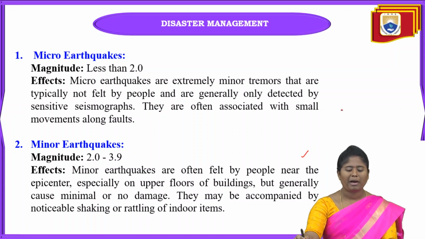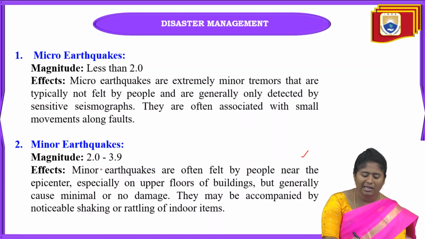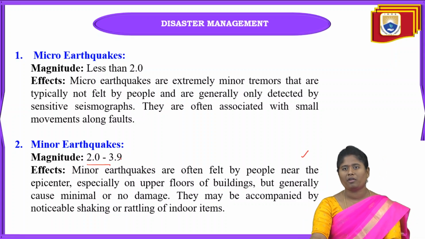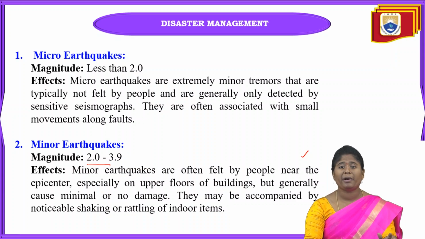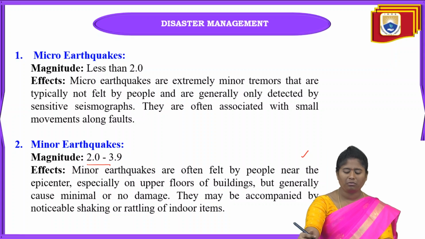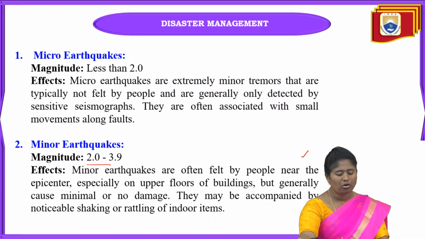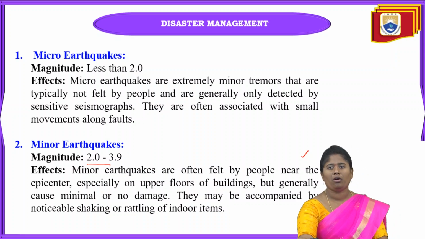Next one is minor earthquakes. Its magnitude is 2 to 3.9. Okay, and this type of earthquake people can feel, especially on the upper floors, where people are living. They can feel this earthquake because of the shaking or rattling of indoor items.